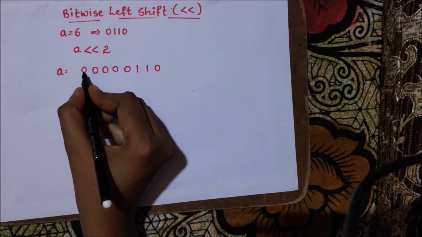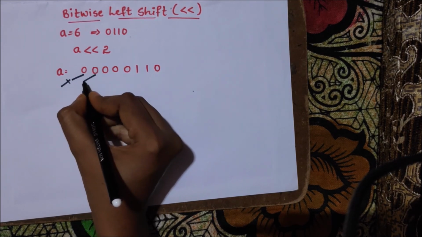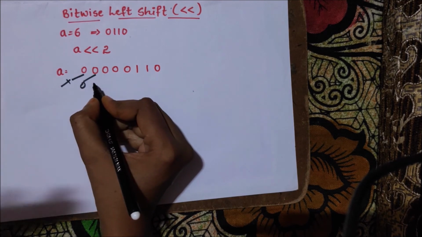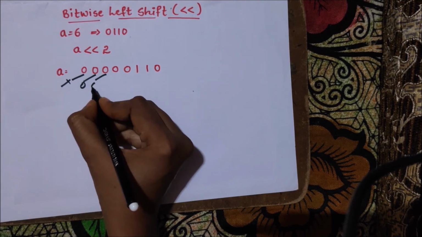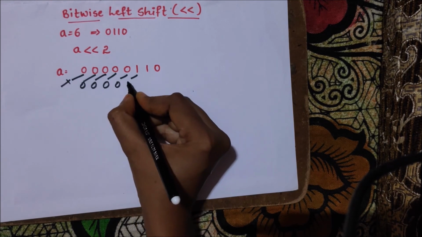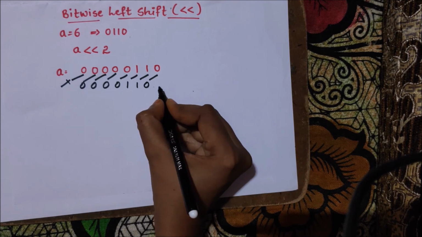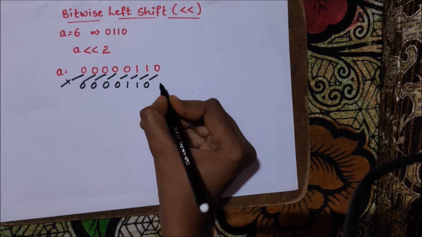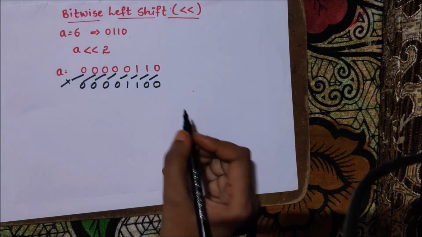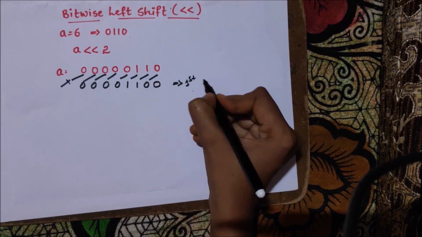This 0 will be popped out, and 0 will occupy this place. Shift 1 time to the left. The same thing happens for all the bits. Now this space is left blank, so here 0 will be inserted. So this is the result after the first shift.